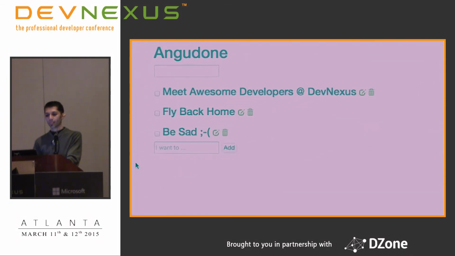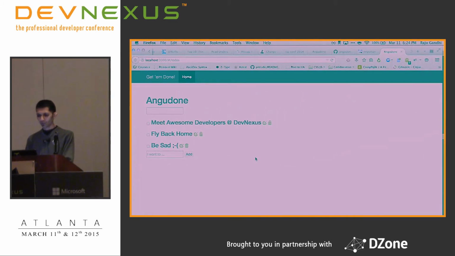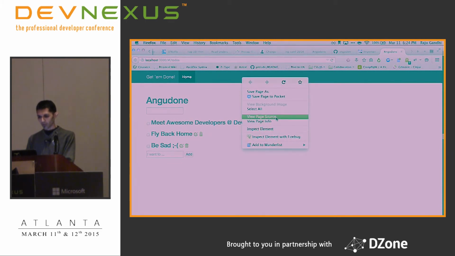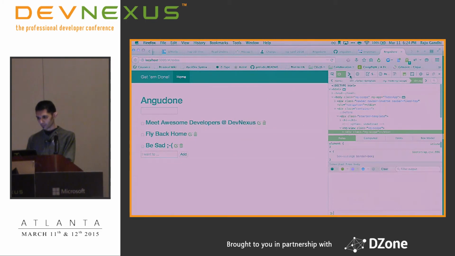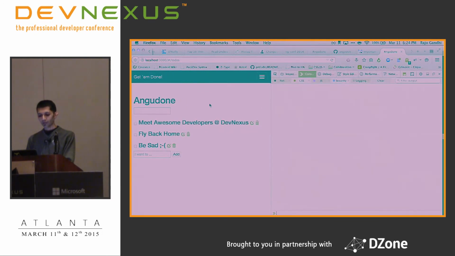This is the to-do list that came back from the server. So first, what I'm going to do is show you what happened to my console. So I realize it's going to be hard. So let me refresh the page.